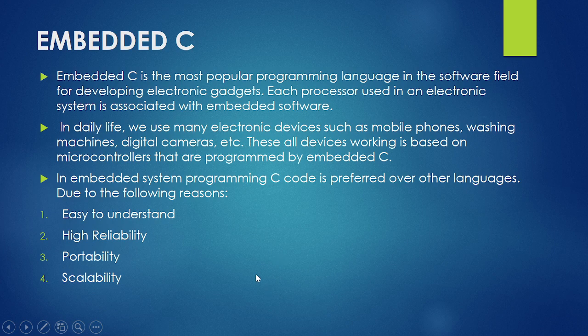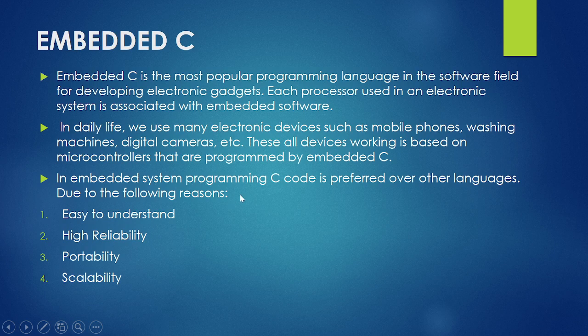Now talking about embedded C. Embedded C is a popular programming language in the software field for developing electronic gadgets. Each processor used in an electronic system is associated with embedded software, and embedded C is generally used for programming all the embedded systems. There can be many languages, but it is the most popular, for devices like mobile phones, washing machines, and digital cameras.